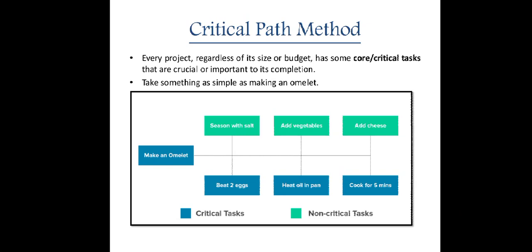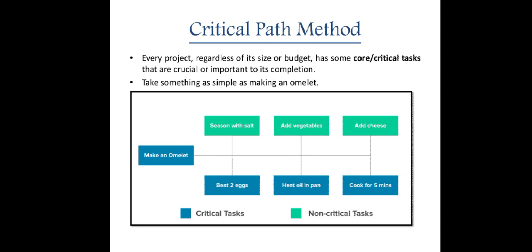First, let us understand in detail what is critical path method. Every project, regardless of its size or budget, has some critical or core tasks that are crucial to its completion. That sentence says that any project we may take, the tasks or the activities will be divided into critical or core tasks and non-critical tasks.